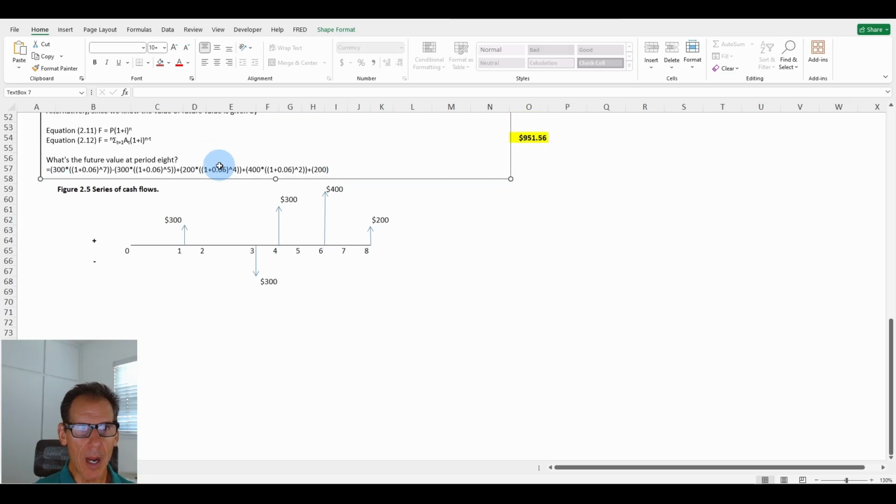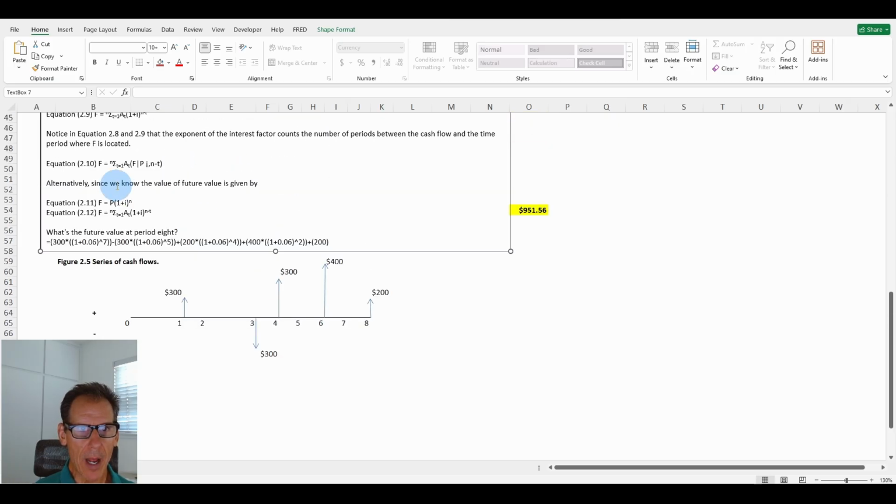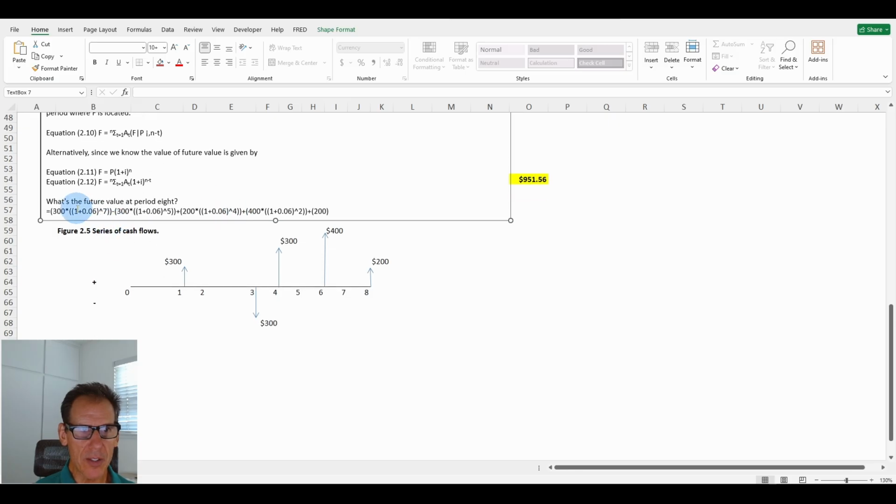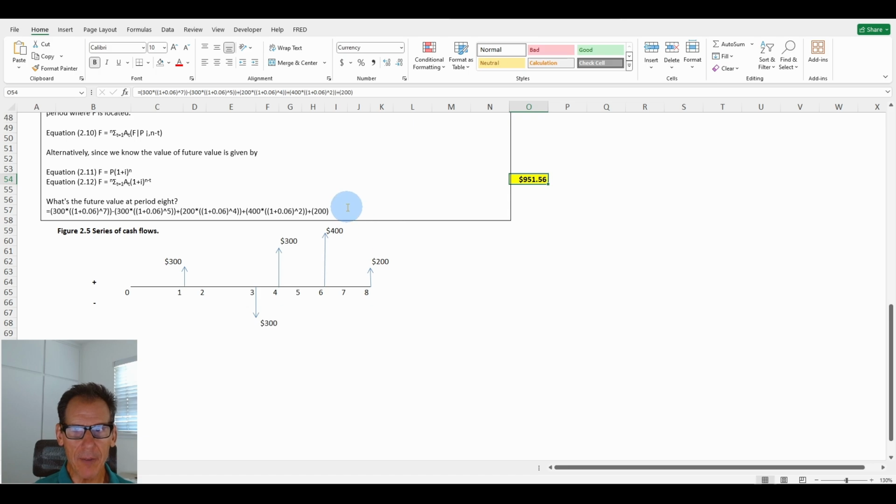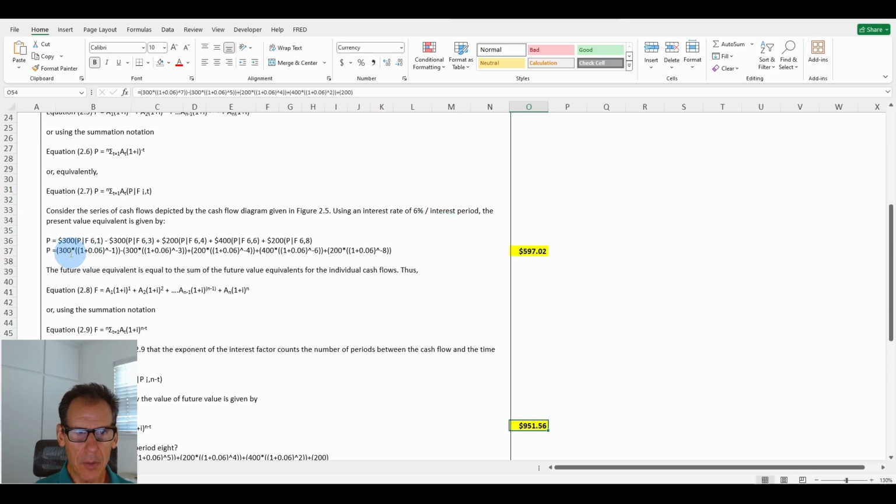Notice, just keep in mind, everything's backwards here. Now, instead of this being period 1, we're using this as period 7, and then the future value is going to be 951.56. I know, it's kind of screwy logic, but think through it. Try to understand why it's laid out this way. Future value. Present value, future value.